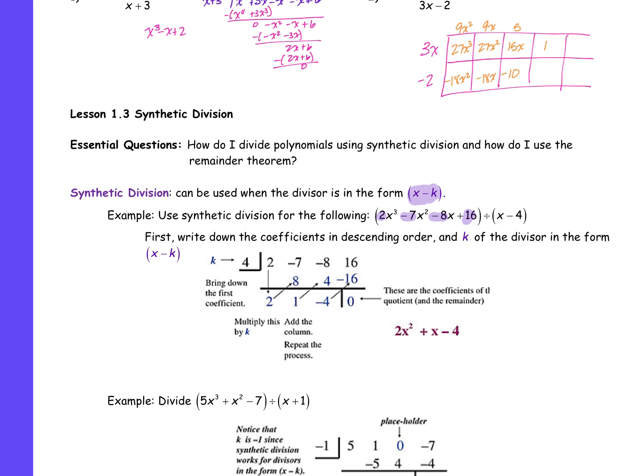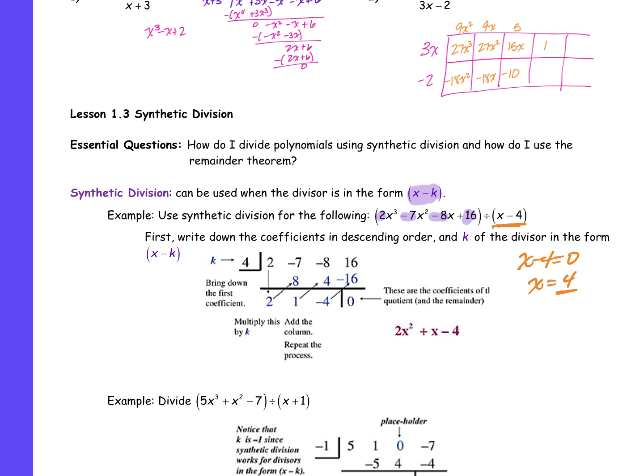Okay, and then x minus 4 here, what I'm actually dividing by is I'm going to set that x minus 4 equal to 0. I want to find out what x equals, so x equals 4. I'm going to divide by the 4, not the negative 4, okay? So I'm dividing by 4.